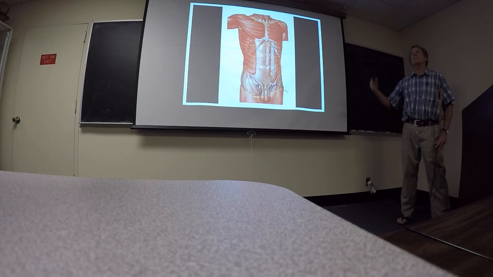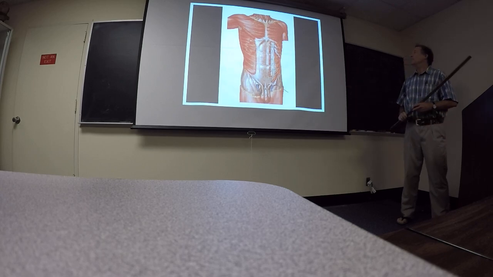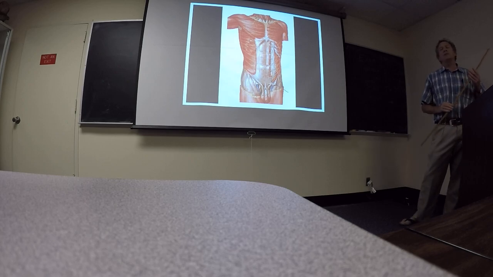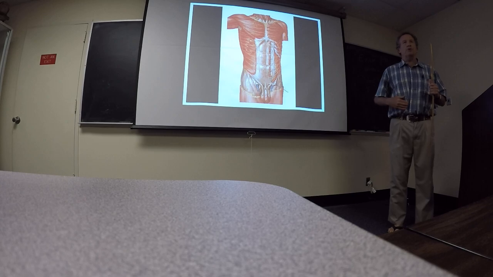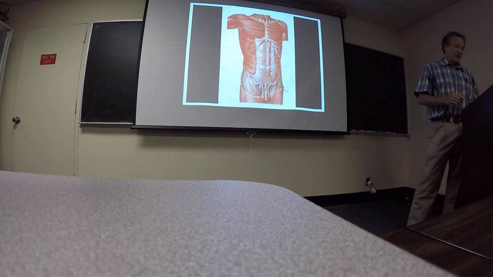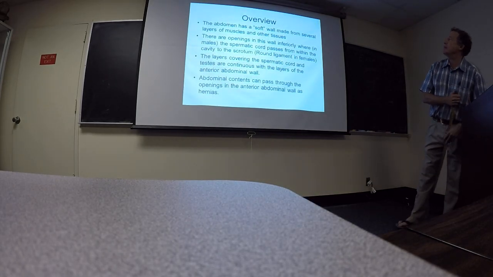There are obviously vertebrae in the back, and the upper part has the lower part of some of these ribs, but it's a pretty soft area, which for your careers is not of great importance, but for other people in healthcare it means you can push and prod and maybe find out things about organs that are harder to touch in the thorax.